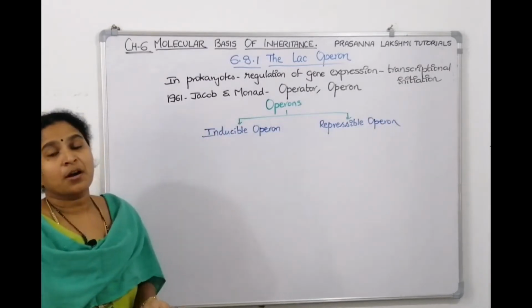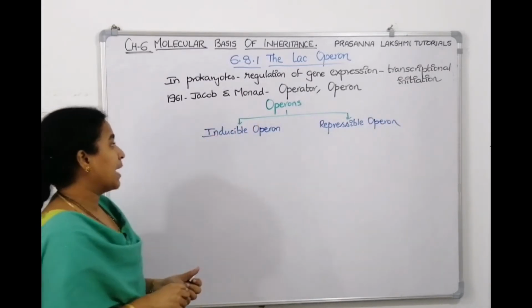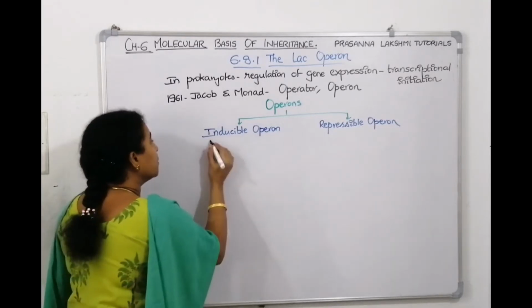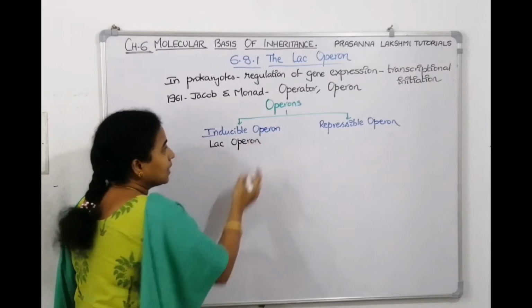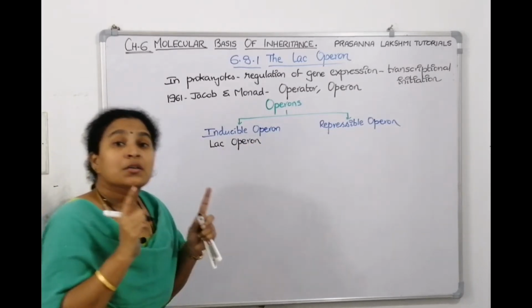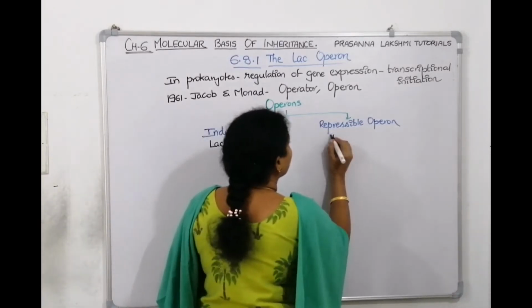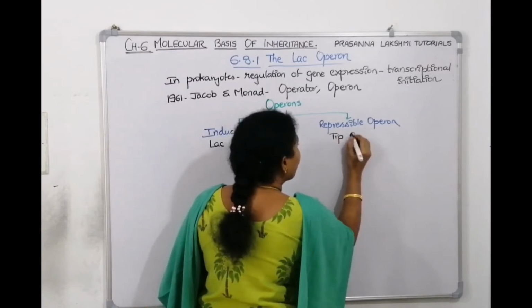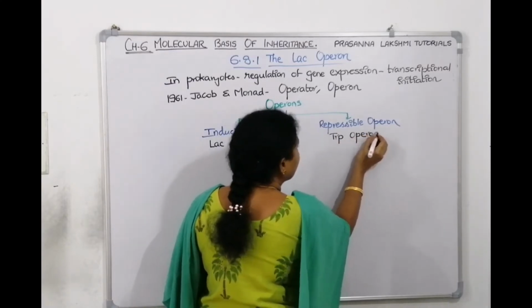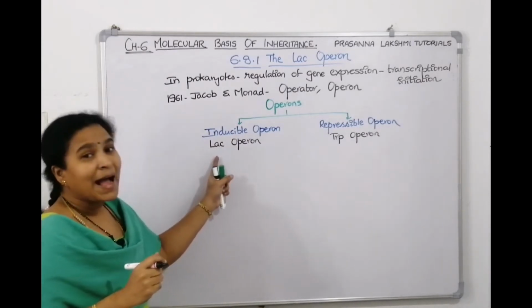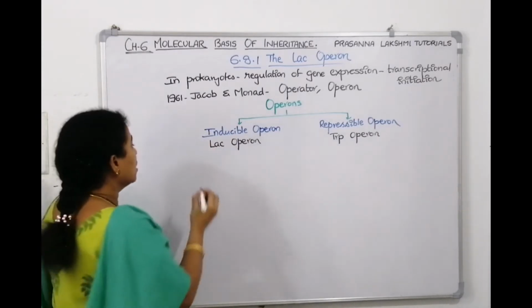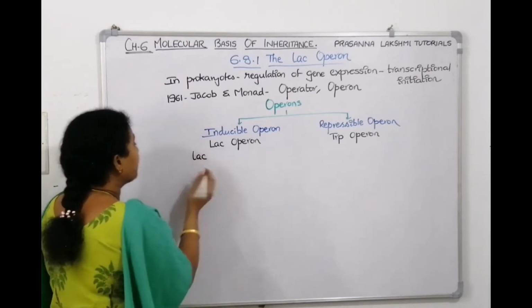For inducible operon, we can take Lac Operon as an example. We will explain with Lac Operon. What's an example for a repressible operon? Tryptophan Operon. In Lac Operon, NCERT says that Lac stands for lactose. It came in a previous NEET paper also.